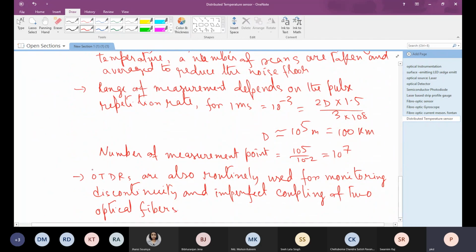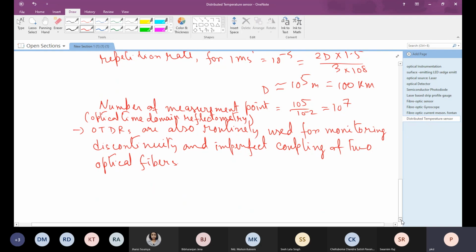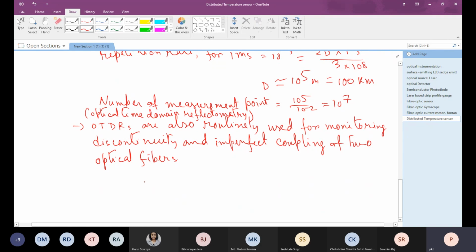So OTDR is optical time domain reflectometer. Time domain reflectometry, so that is the principle.